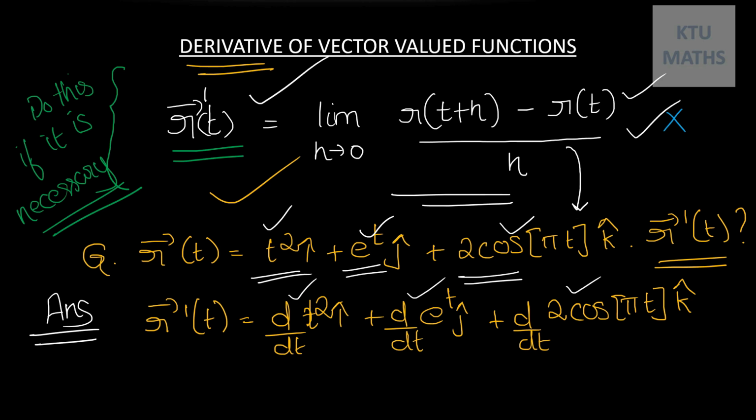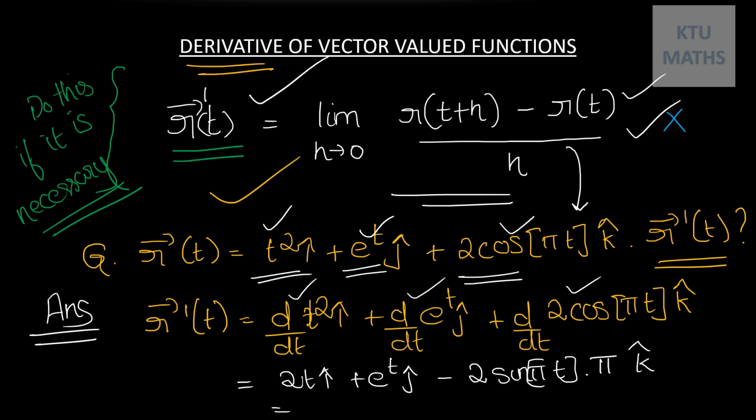Maybe we will put a basic class of differentiation in the miscellaneous playlist and you can watch that video there. Now this answer would be 2t i cap plus e raised to t j cap minus 2 into sine pi t, and you would have to differentiate that angle inside also, then it will be pi k cap.